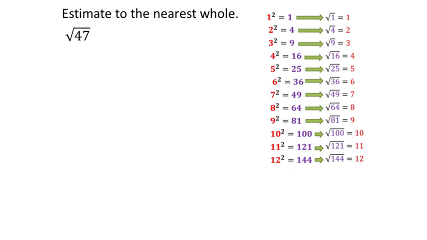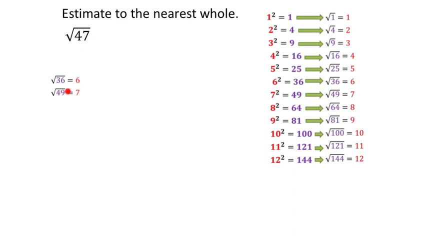Okay, so we've got the list there. It's the square root of 47, which would be between 36 and 49, these perfect squares here, which means it's between either 6 or 7. The question is, is 47 closer to 49 or closer to 36?